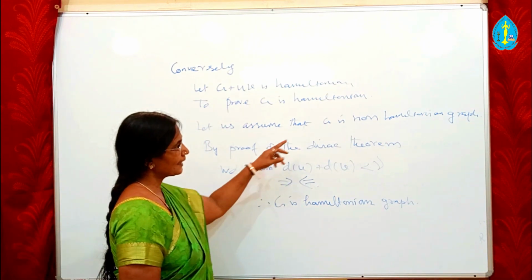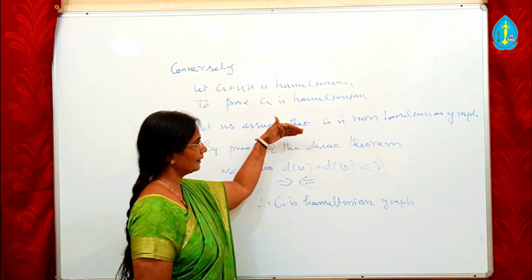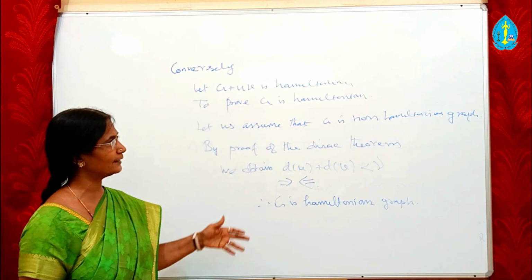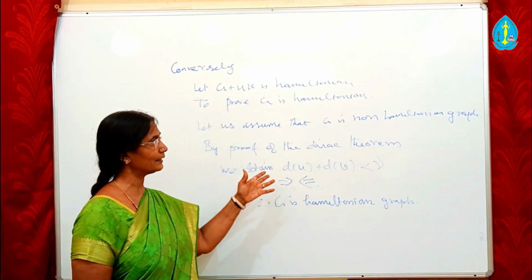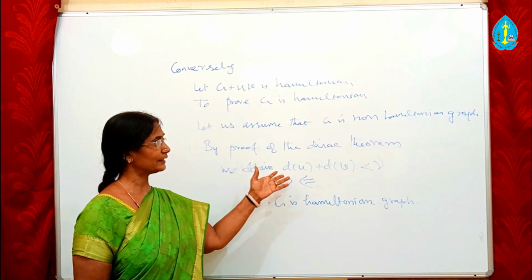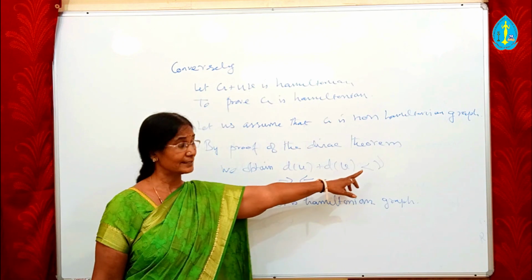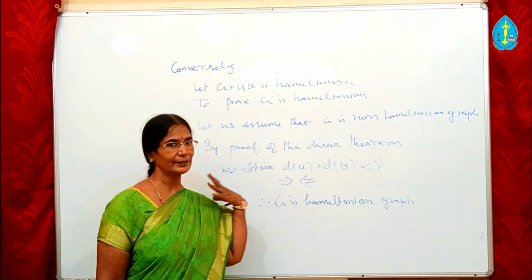That is, G plus UV has a Hamiltonian cycle, so G has a Hamiltonian path. We define two sets S and T, and prove that S intersection T is empty and S union T has fewer than gamma vertices. Then we prove d(U) plus d(V) is less than gamma, which is a contradiction. Therefore, G is a Hamiltonian graph.